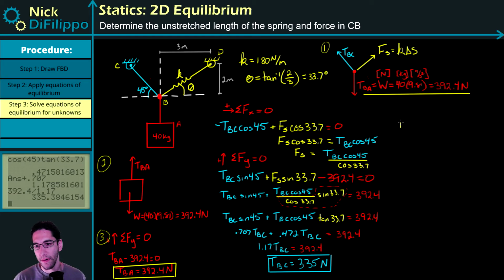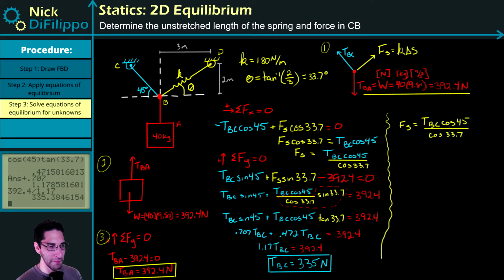Then we can also figure out this F of S is equal to TBC times the cosine of 45 divided by the cosine of 33.7. But I don't really care about figuring out this force, right? I'm asked to figure out the unstretched length.